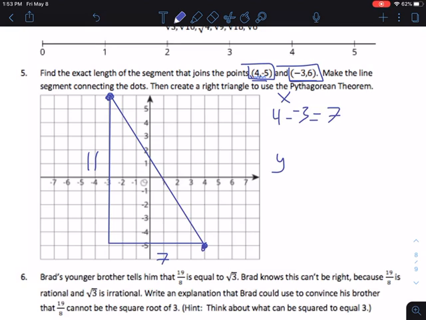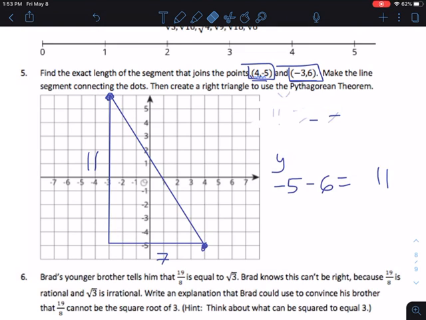And then the vertical leg would be the distance between the y coordinates, which is, see, if we did -5 minus 6, we get -11, right? But this is the distance of a leg of a triangle. We can't have a triangle with a leg that's negative distance long, so we just make it positive.